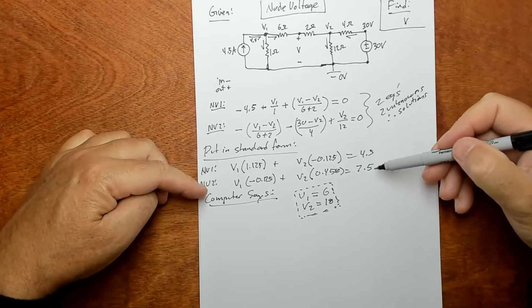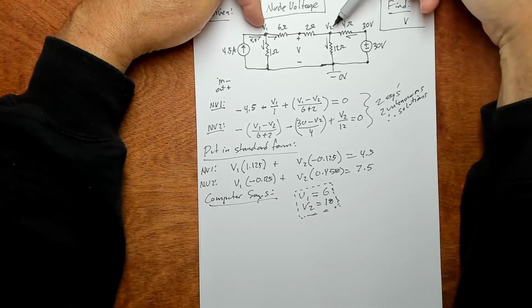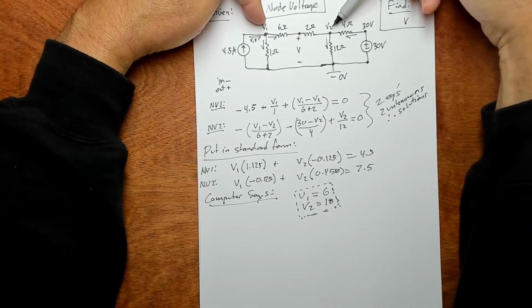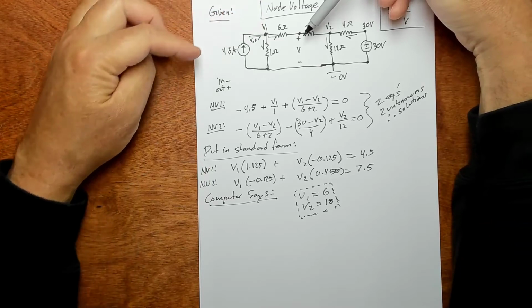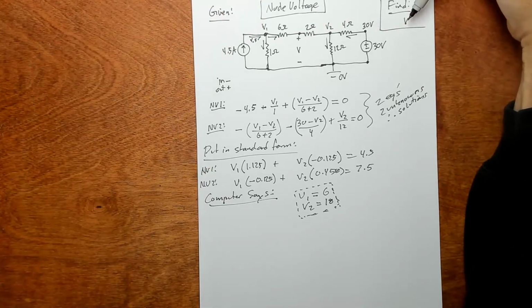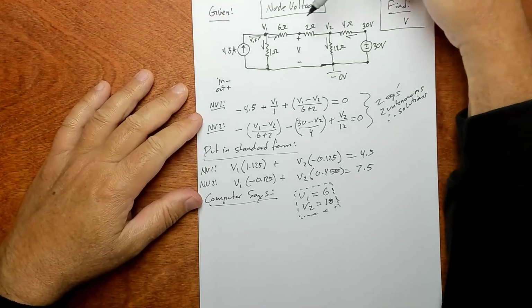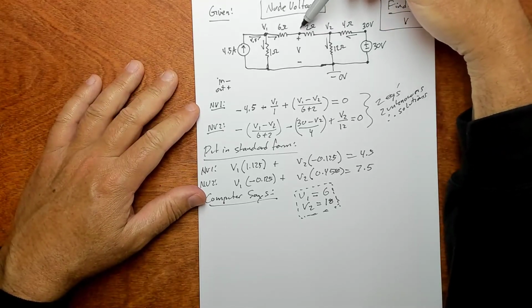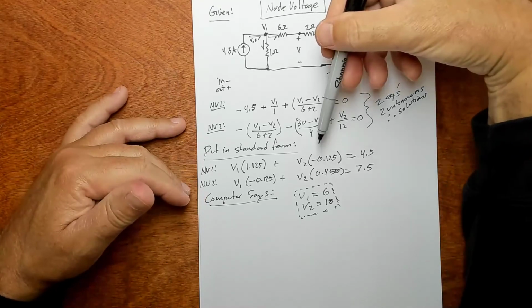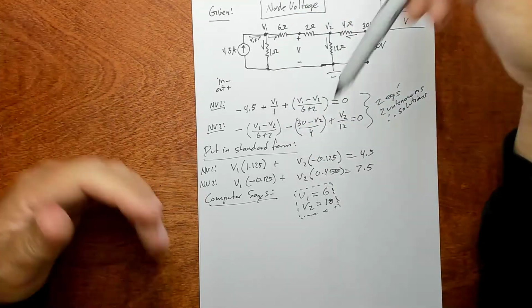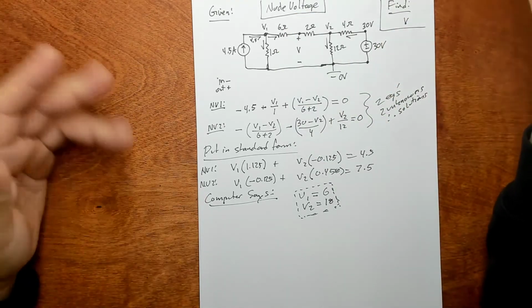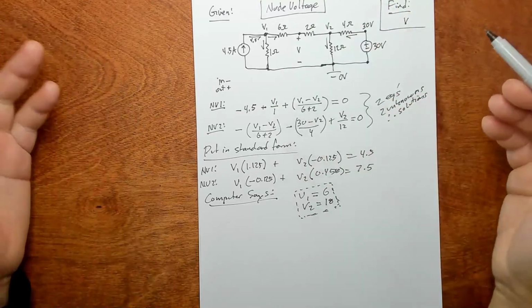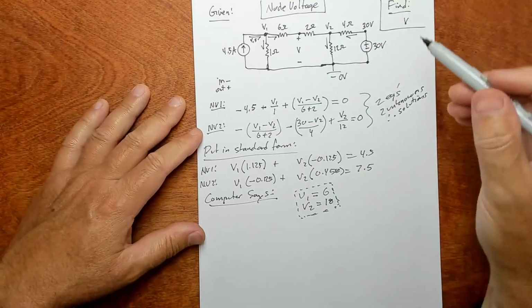That's what node voltage gives us, because that's how we set up our nodes at the beginning. We get V1 and V2, but we're really asked to find V. Now we could have solved this by declaring this as V3. Then we'd have 3 equations, 3 unknowns, and V3 would just fall out, which is what we want. But this is just showing you that if you didn't do that, everything would be cool.